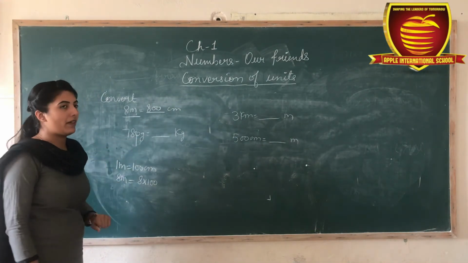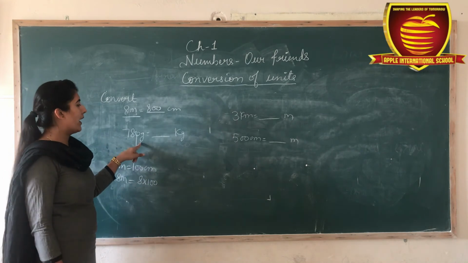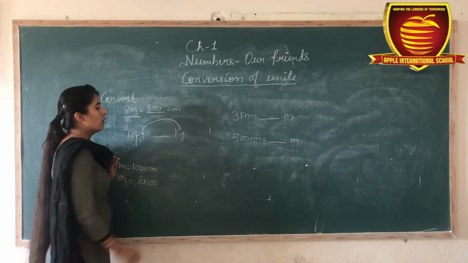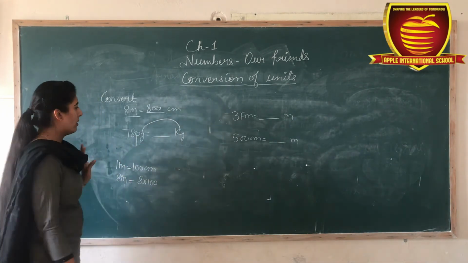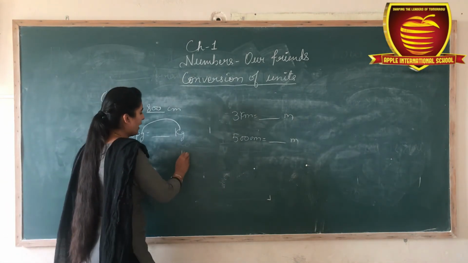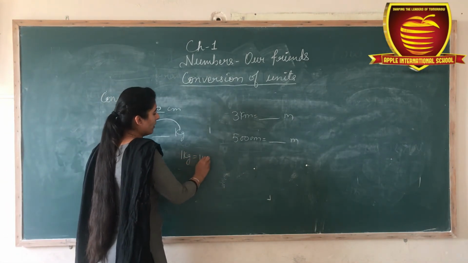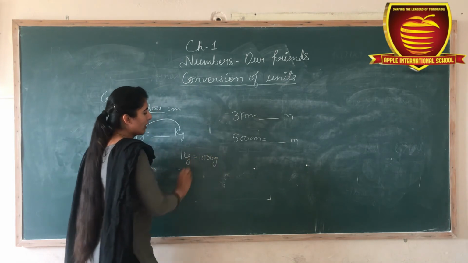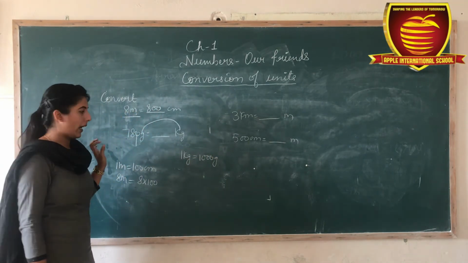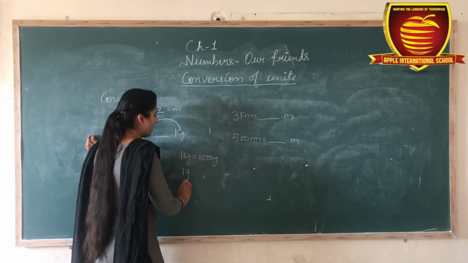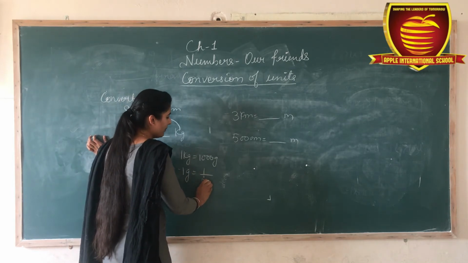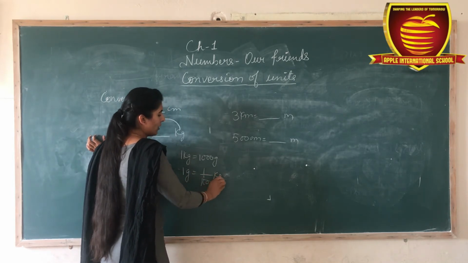Now 780 grams. We have to convert the smaller unit into the larger unit. 1 kg is equal to 1000 grams, and 1 gram is equal to 1/1000 kg.